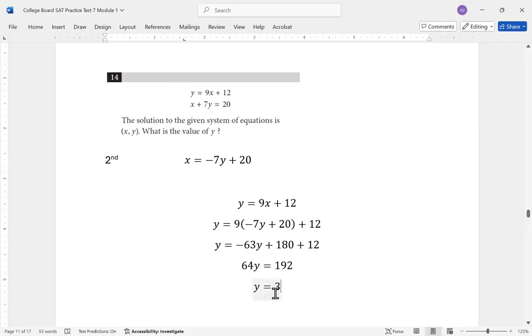If we were also asked to find the x value, we could have plugged that 3 into this equation and found the x value would have been negative 1. But it doesn't ask us to do that. So question 14, the answer is just 3.